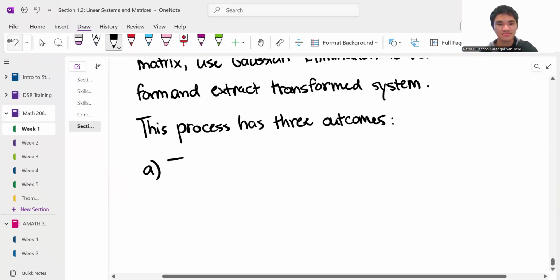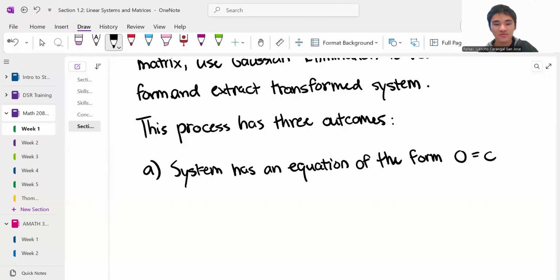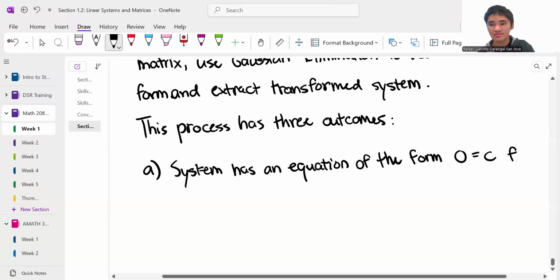A, the system has an equation of the form 0 equals C, for C not equal to 0. In this case, no solutions.